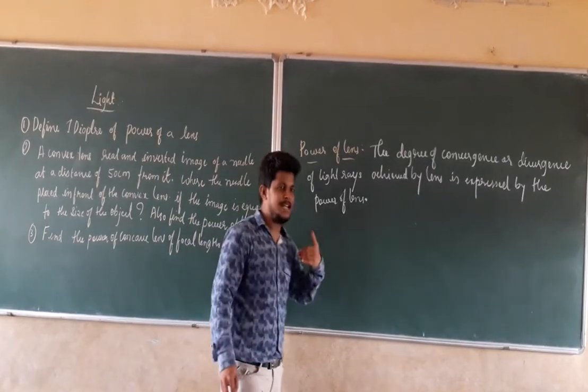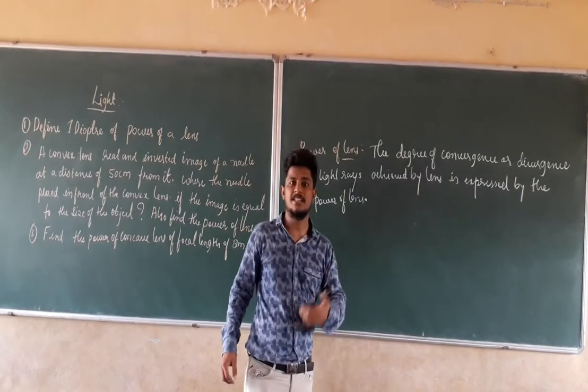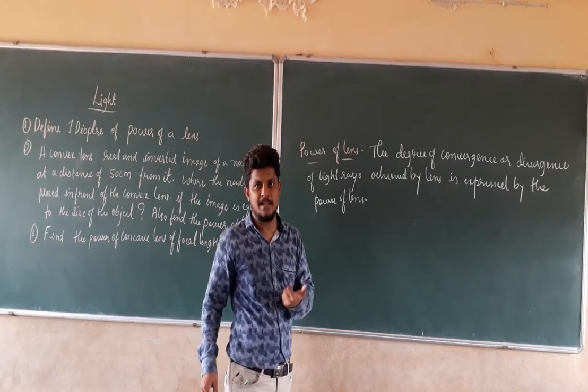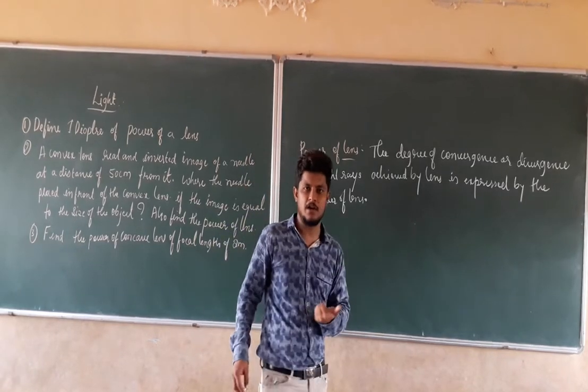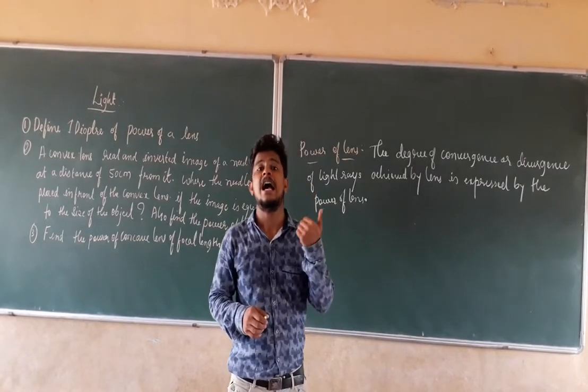The power of the lens is going to be expressed in terms of the focal length. Right? If you remember, convergence will be more if the focal length is less.